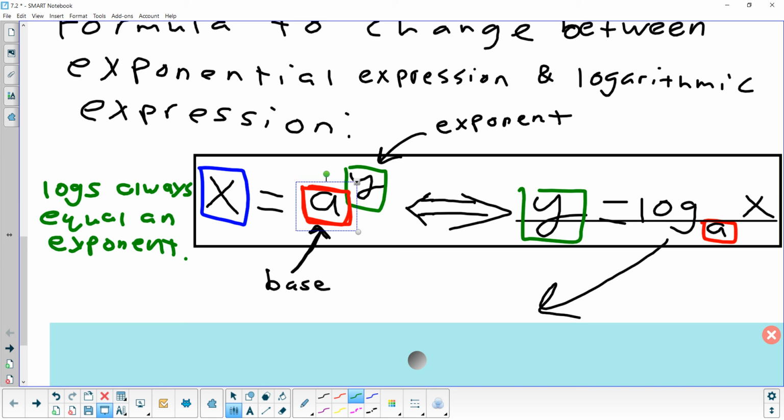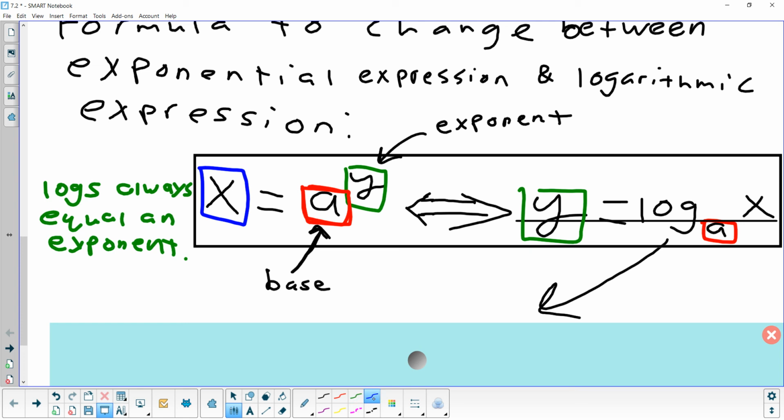Logs always equal an exponent. If you can remember that, the logarithm always equals the exponent. You look at your problem and say, okay, my exponent was a y. What is the logarithm going to equal? It's going to equal the exponent. The exponent was a y.